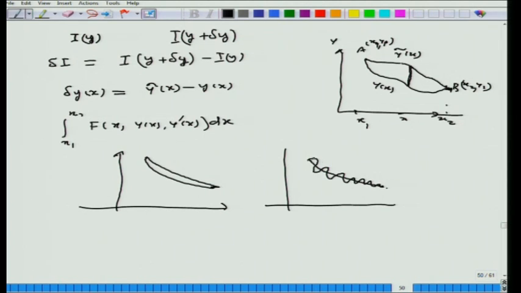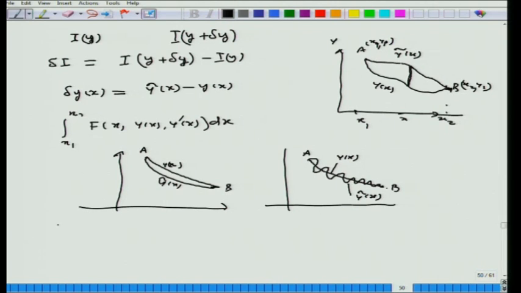Let us say the original curve y x is the straight one, and the curved one is y tilde x.